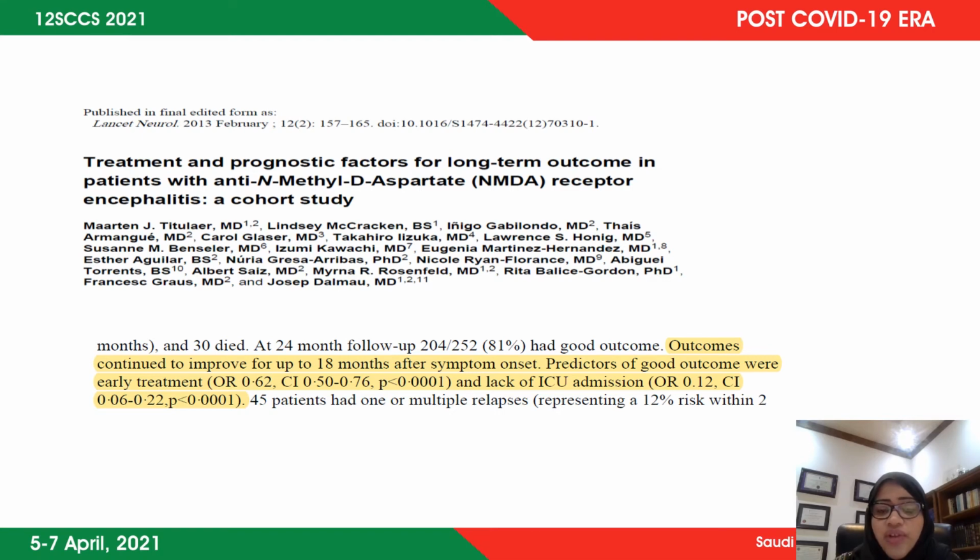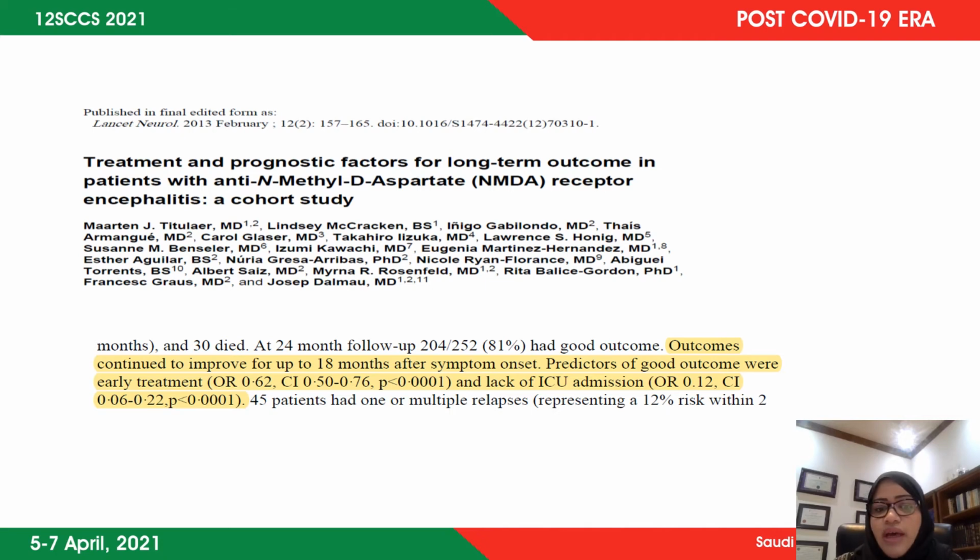This is in children. The predictors for good outcome found were early treatment, which really changed the outcome of the disease, and the lack of ICU admission.